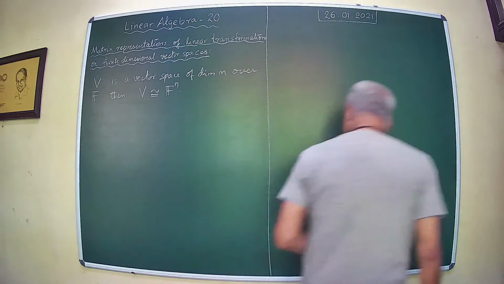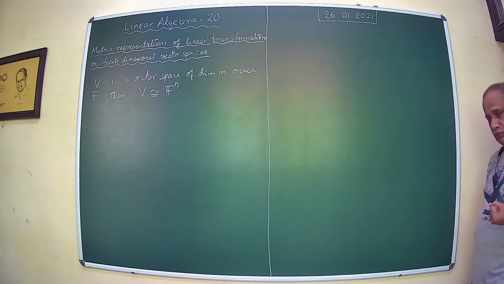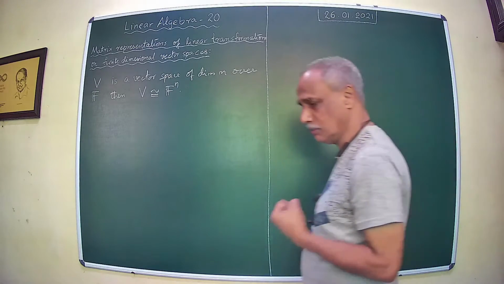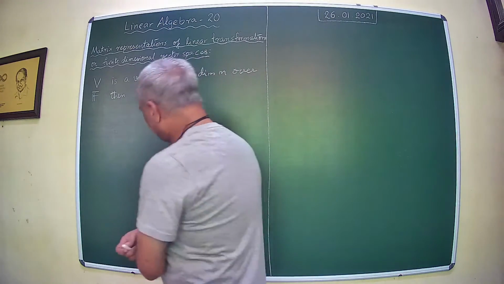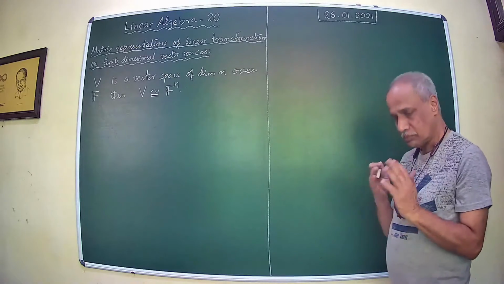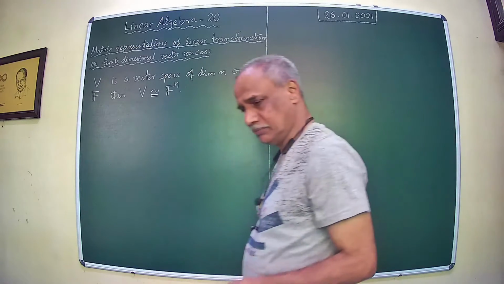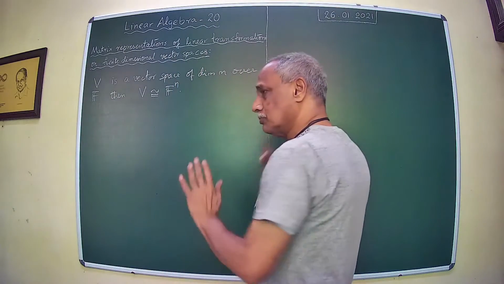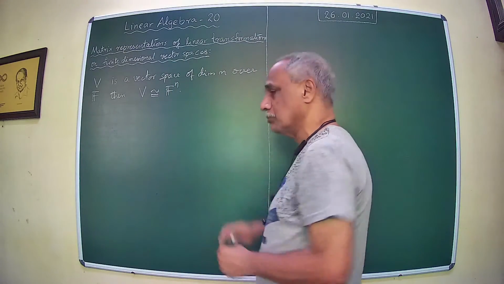Now this we have proved already, discussed already. You have also possibly looked at some examples. Nevertheless, it is worth recalling at this juncture. The reason is that all these ideas take off from this point.